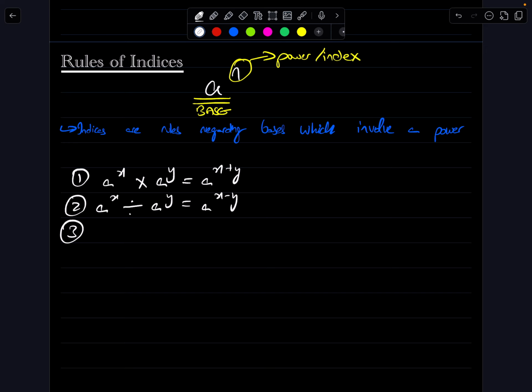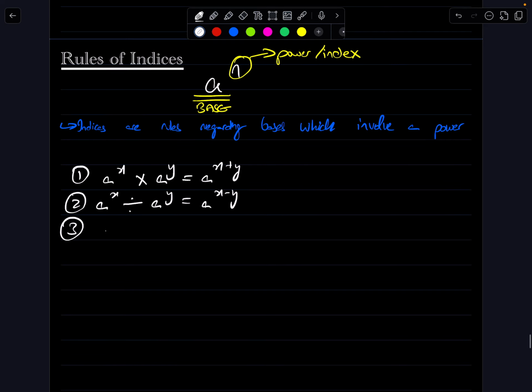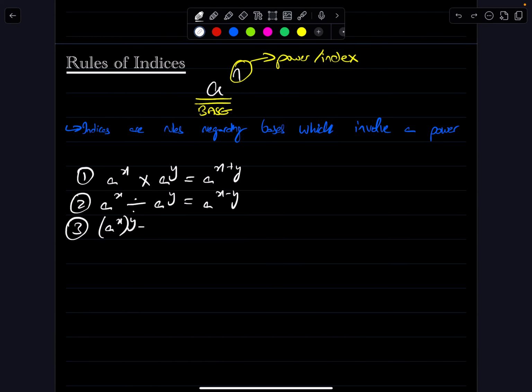And then, what if our function has another power? In this case, we will multiply the powers, x into y.